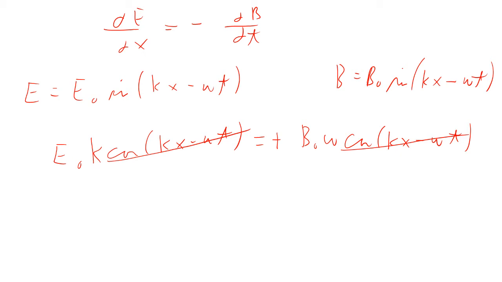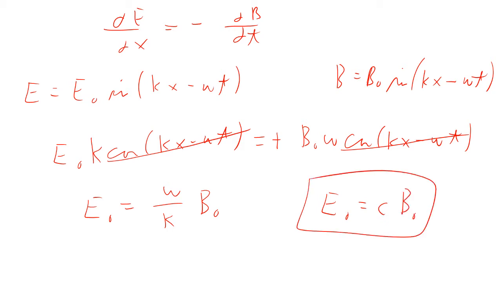And so we look at this and we say, well, wait a minute. E naught equals omega over k times B naught. Well, omega over k is equal to the speed of light, c, the wave speed. So that means E naught equals c B naught.